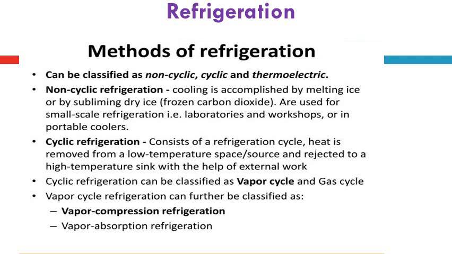Cyclic refrigeration consists of a refrigeration cycle where heat is removed from a low temperature space or source and rejected to a high temperature sink with the help of external work using compressors. Cyclic refrigeration can be classified as vapor compression or gas cycle. Vapor cycle refrigeration can further be classified as vapor compression refrigeration and vapor absorption refrigeration.